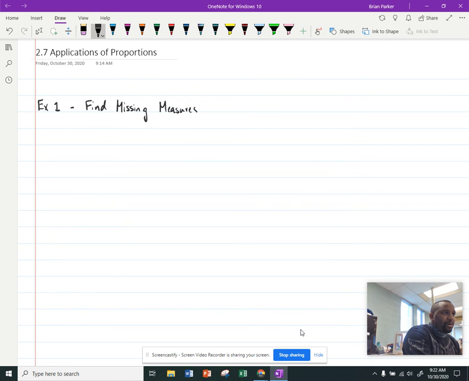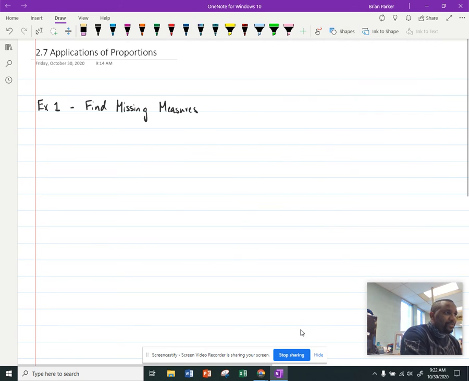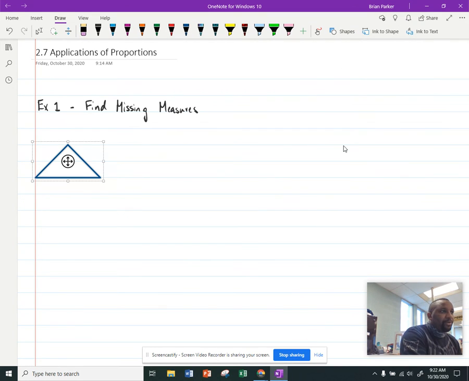So if I wanted to draw, let's see if I can draw a decent looking shape. And yes, I'm going to cheat using this thing. If I were to draw a triangle like this, and now I'm going to draw another triangle, but it's going to be a little bit smaller, but pretty much the same dimension. Okay, there we go. So these are two similar triangles, okay?